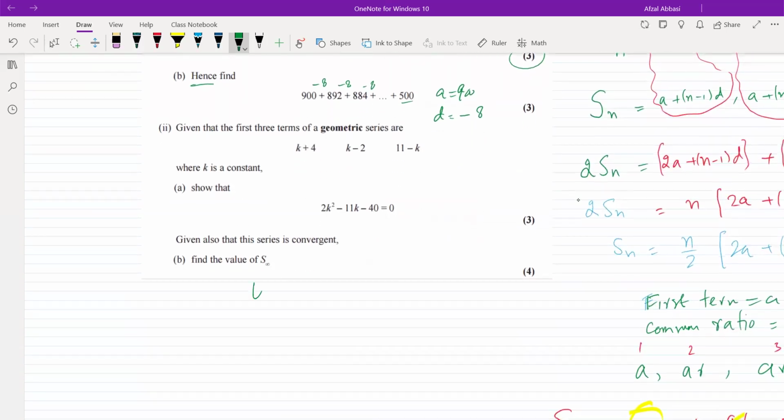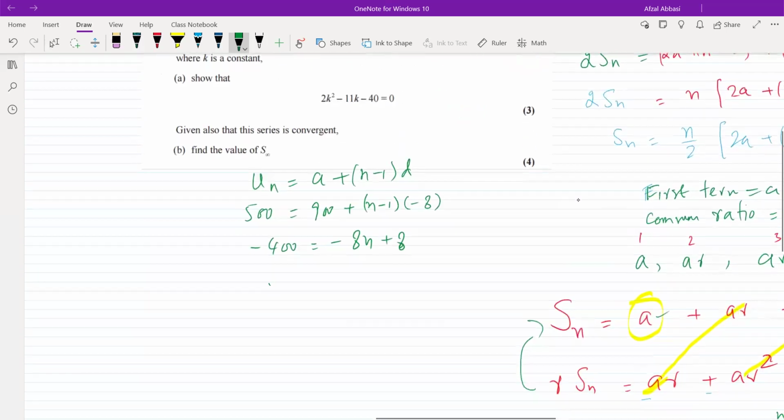So we know that un is a plus n minus 1 d. We know the value of un. We know the first term. We want to find n. And we have the value of d. So taking 900 to the other side, 500 minus 900 is minus 400, equals negative 8n plus 8.